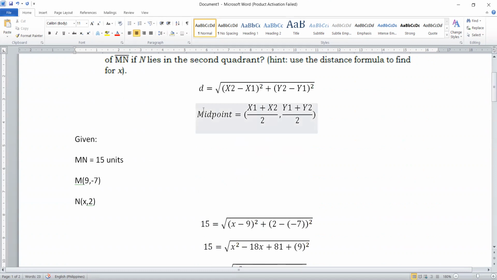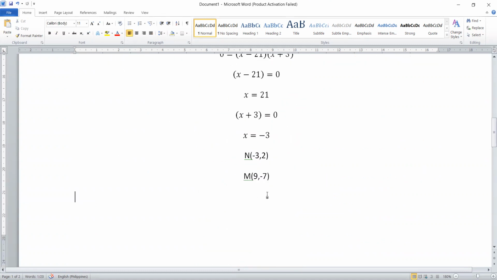So let's use your midpoint formula. This is your midpoint formula. Again, it doesn't really matter. You can choose M or N as your points 1 and 2. So I'll have here my point 1 and I'll have here my point 2. Even in case you'll interchange the two, you'll get the same answer anyways.